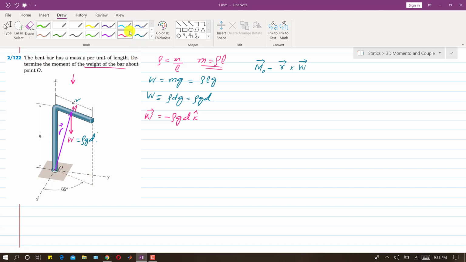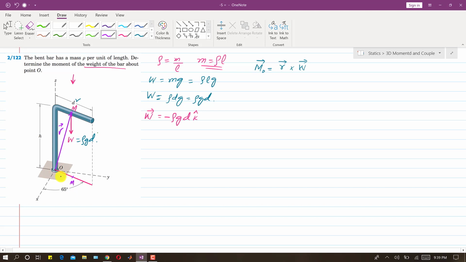So this will be that projection, and this length will be equal to d. If we look from the top, we will see the real, actual length. And this will be that M point.